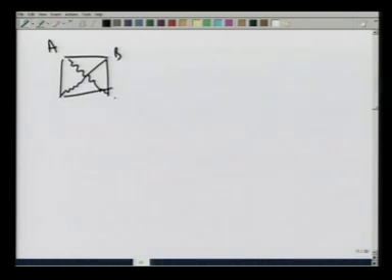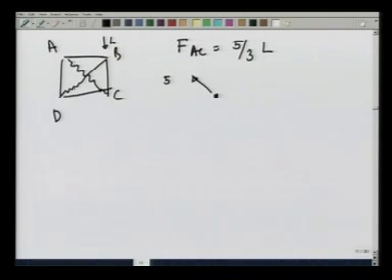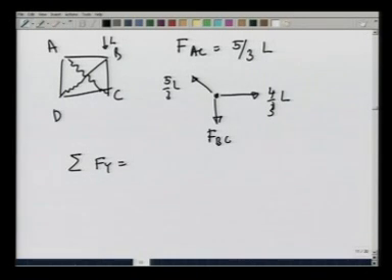Now, similarly, if I do summation Fy, let me make the picture again. A, B, C, D, we have found FAC to be 5/3 the load. This is the load. At point C, this is 5/3 the load, this is 4/3 the load, and this force is FBC. Summation Fy equal to 0 gives me FBC equals 5/3 L times sine of theta.